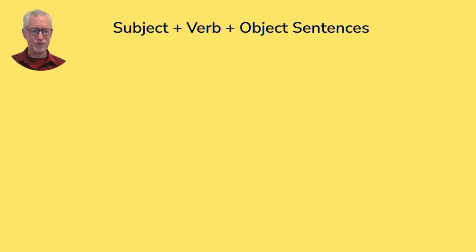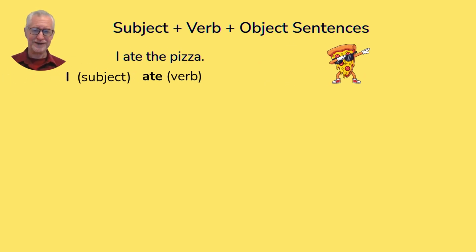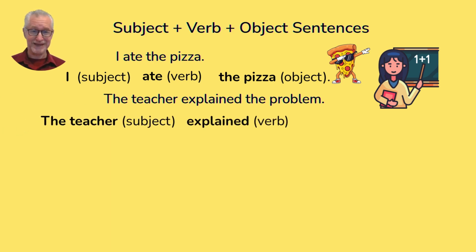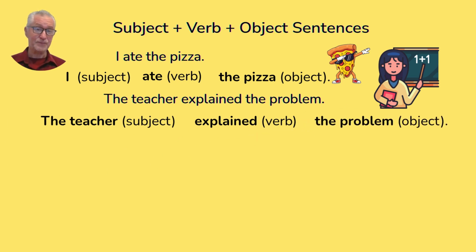Let's have a look at a couple more examples of subject, verb, object sentences. I ate the pizza. I, the subject; ate, the verb; the pizza, the object. The teacher explained the problem. The teacher, subject; explained, the verb; the problem, the object. So in these sentences, we see the same pattern.